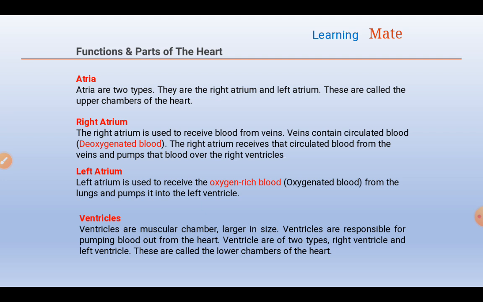The ventricles are muscular chambers, larger in size. Ventricles are responsible for pumping blood out of the heart. Ventricles are of two types, the right ventricle and the left ventricle. These are called the lower chambers of the heart.